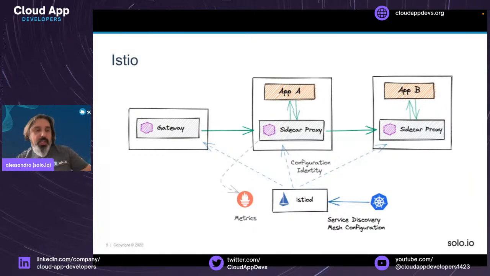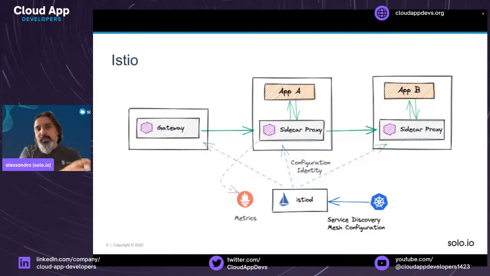The proxy itself is another open source CNCF project called Envoy. It's a very efficient proxy, born for this purpose, proxying traffic in and out of your application. Istiod is the component that collects your wishes, your desired configuration, right? Because we are in cloud native, we love declarative configuration. You declare your configuration through Kubernetes objects like CRDs of various kinds, like gateways and virtual services and so on.